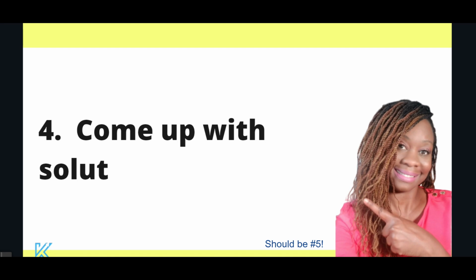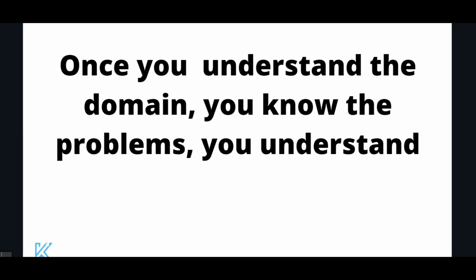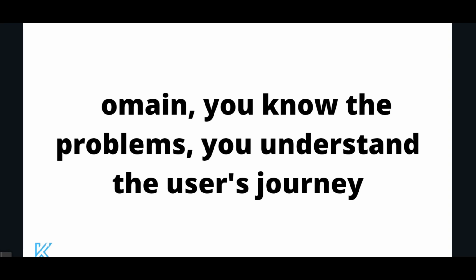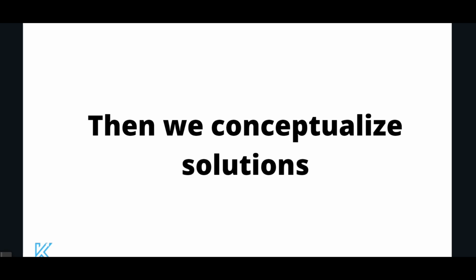So my number 4 tip for how to document requirements is come up with solutions, conceptualize solutions. Once you understand the domain, you know the problems, you understand the user's journey, then we can conceptualize solutions.